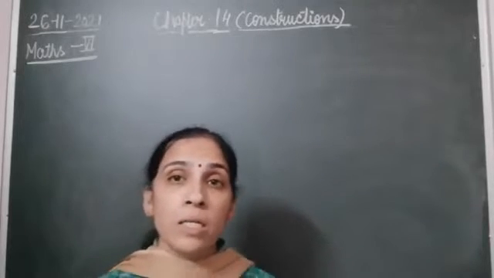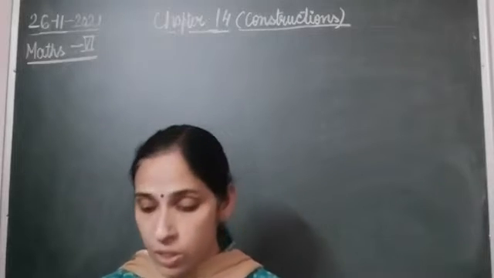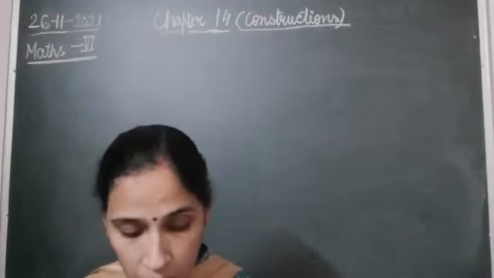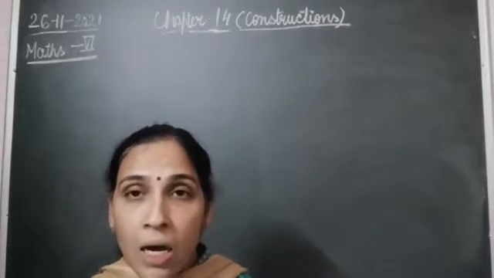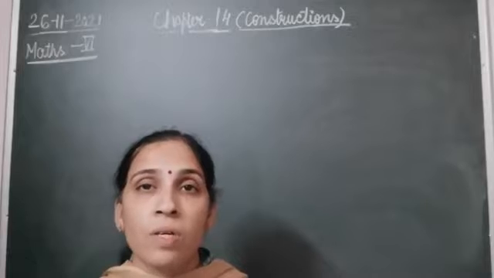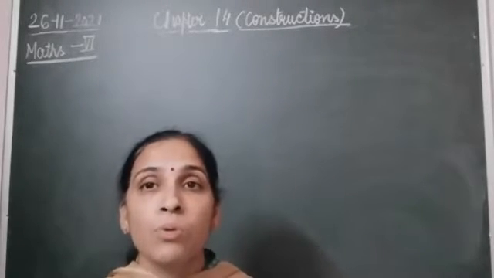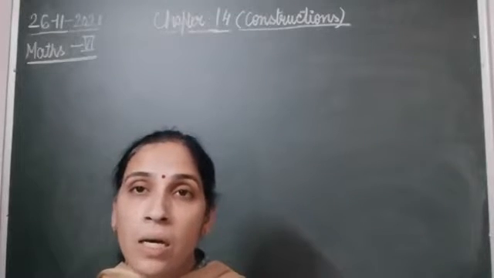Very important. Earlier, in smaller classes, you were not doing this kind of construction. So in that context, today we will be doing our next topic of construction, that is how to draw an angle equal to a given angle.